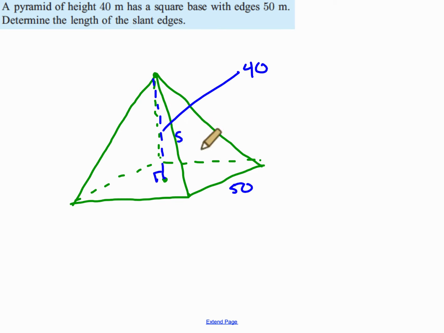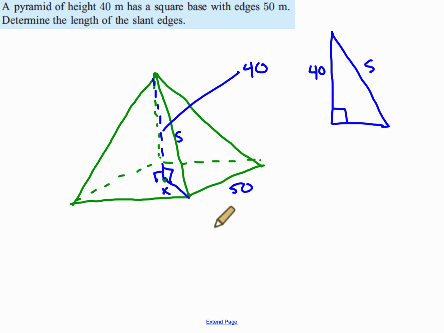I'm going to call that S. And if I draw a line right there, I've got myself a right triangle. So I'm going to go ahead and draw that, because that's the triangle we're going to use. I have called this slant edge S, and I know that this is 40. This is my S, and now I need this length right here. So I'm going to call this X right there.